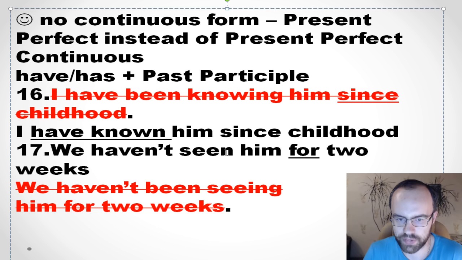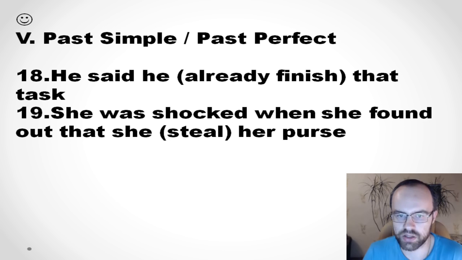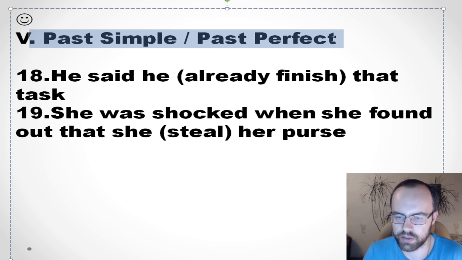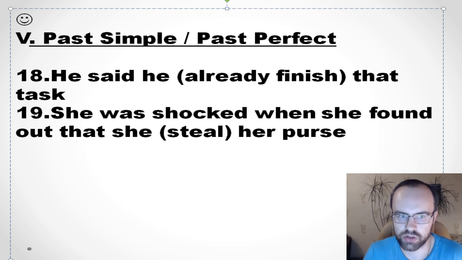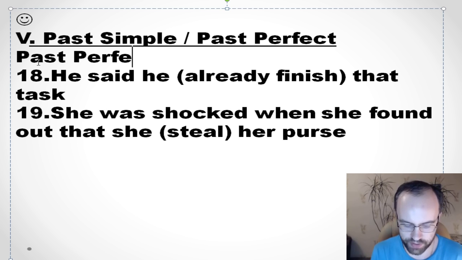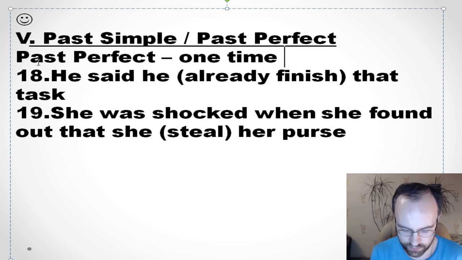Good, my friends. Really very interesting information. But let's go to the next section: past simple or past perfect. Students often ask, so what is past perfect? Past perfect is one time before the past.